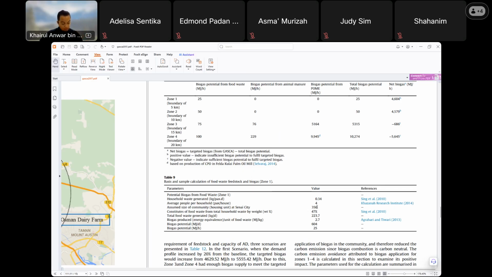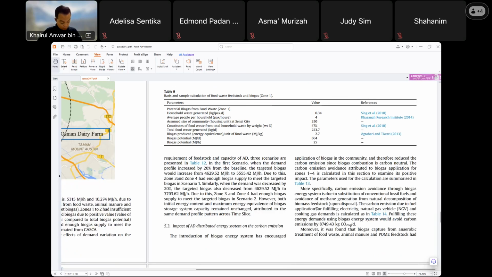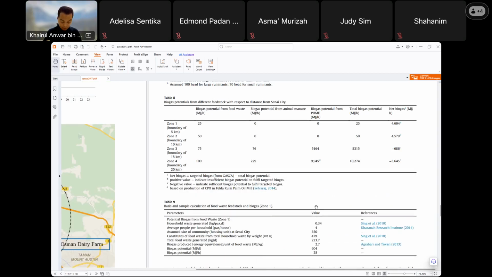As shown in table 8, zone 3 and 4 have higher total biogas potential volume, which is 5,315 and 10,274, due to collective biogas generation from food waste, animal manure, and farming.